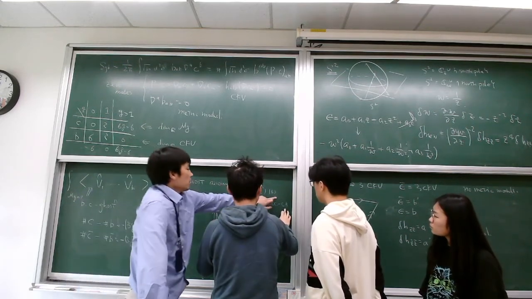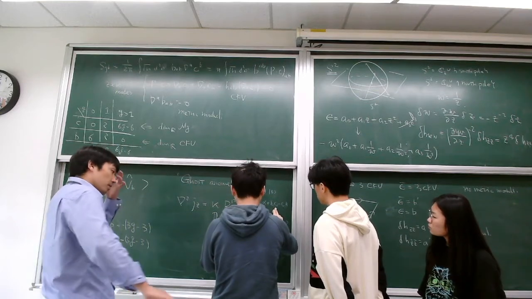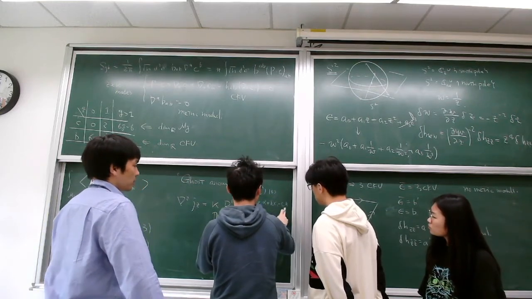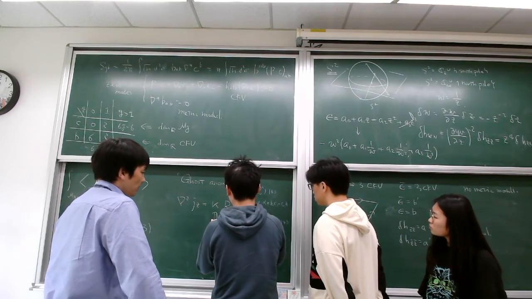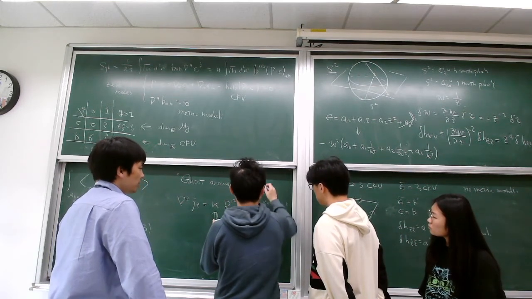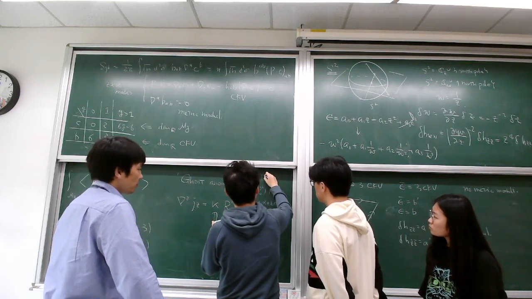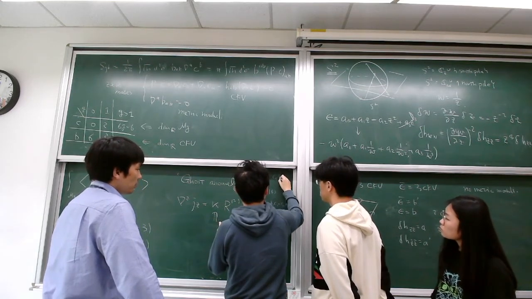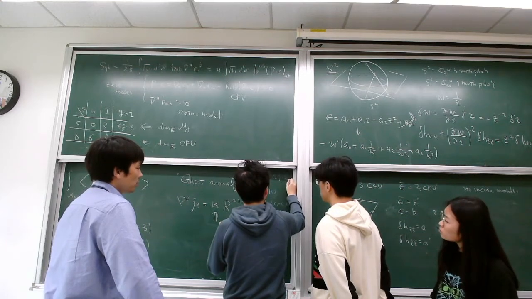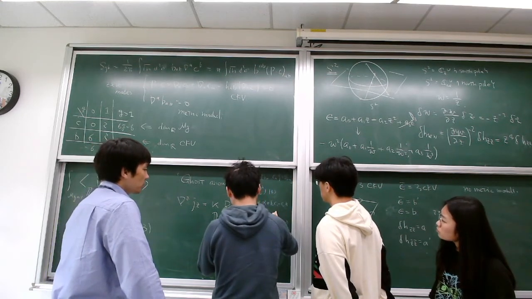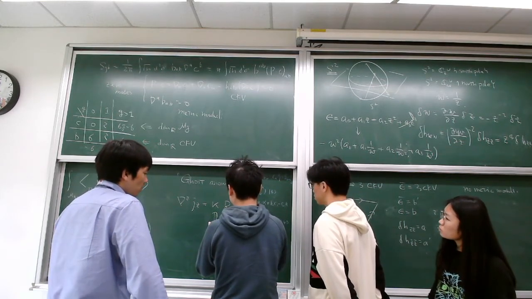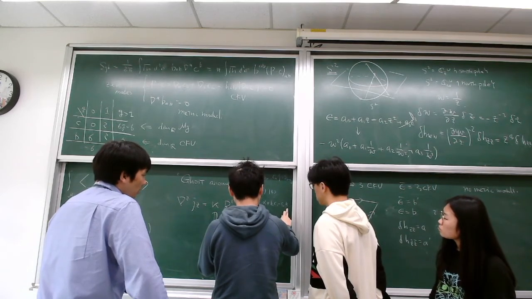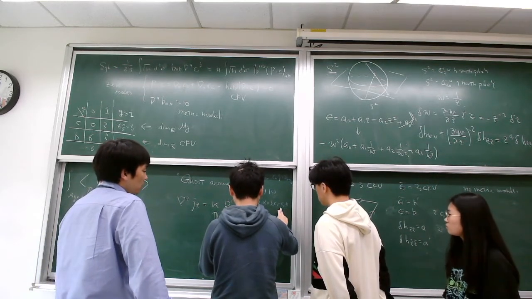But how about this one? This is the same because C1 has nothing to do with alpha. Right. And only this B minus 1. Yeah. So this is the anti-conjugate. Without n plus n, right? Yeah, that's true. But what about the minus side?